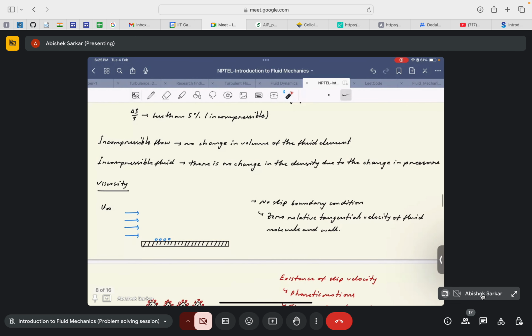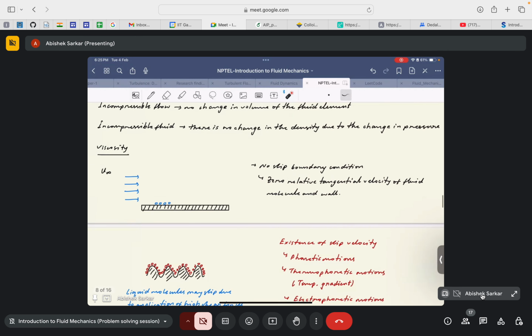So then comes the concept of viscosity. Viscosity in general, in the simplest terms, can be attributed to the resistance that is applied by the fluid against any kind of motion going through it.